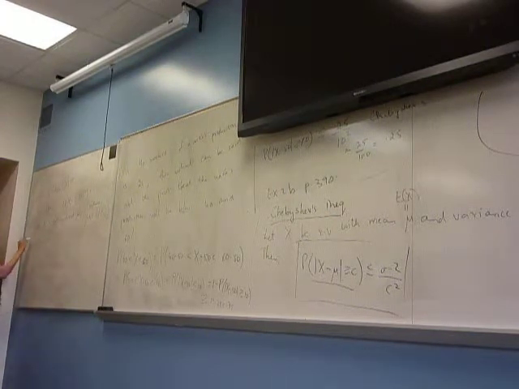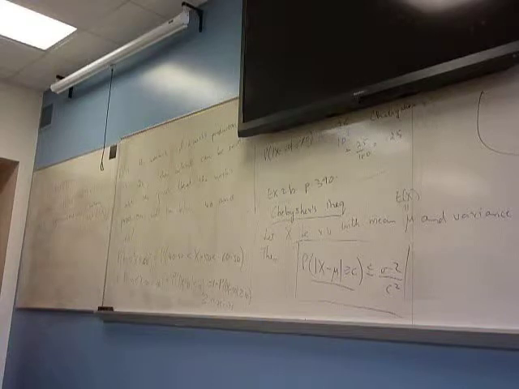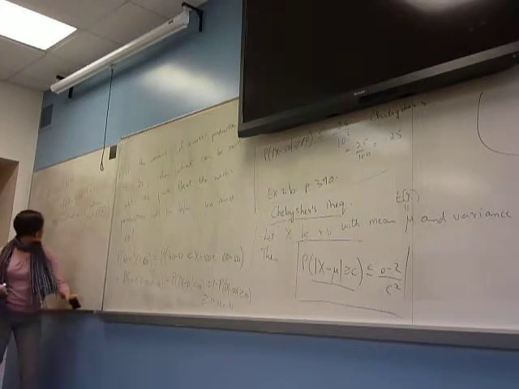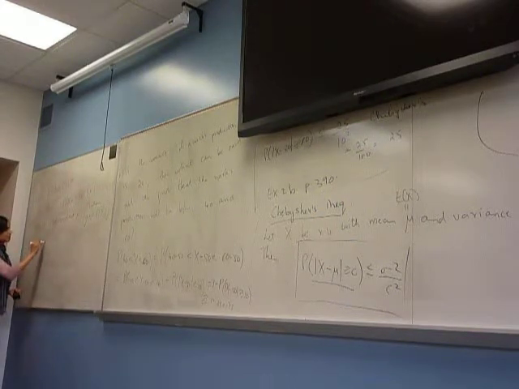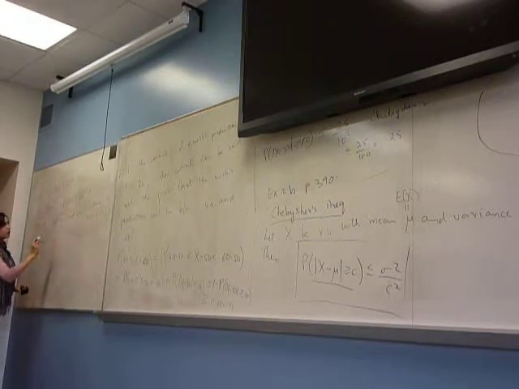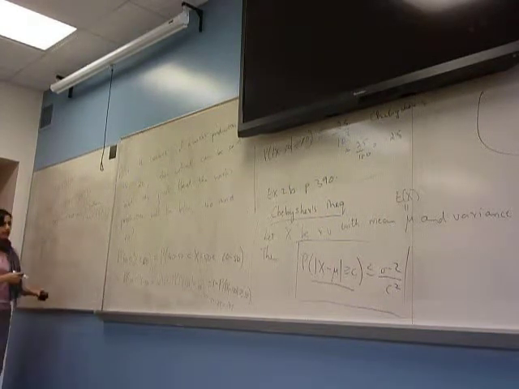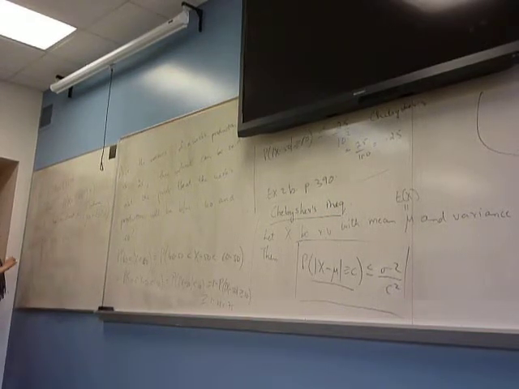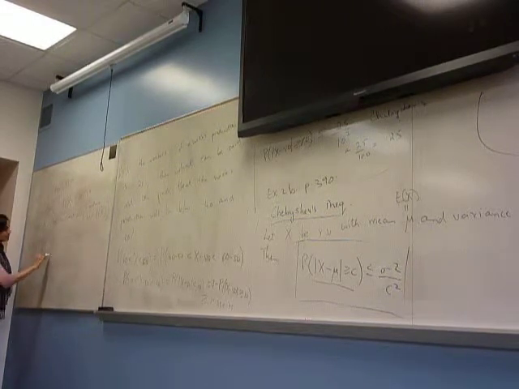Okay, so the proof of this. Remember some of your calculus proofs. If you want to show something is very close to something else, you take any epsilon greater than 0. Let's look at the probability of the distance.